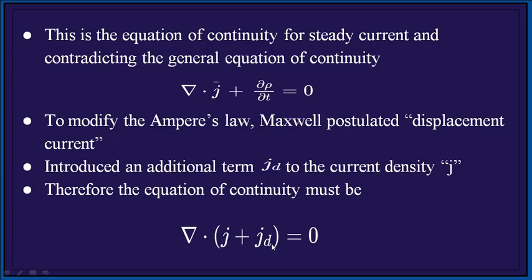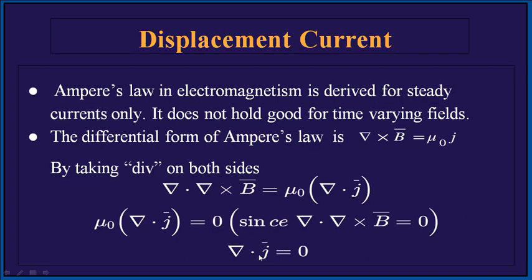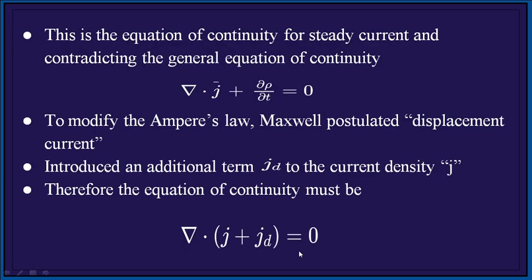So to correct Ampere's law, Maxwell thought to add some term like J suffix D, and this J suffix D is called the displacement current term. I will explain it. Therefore, this equation, del dot J equal to 0, is now written as del dot (J plus JD) equal to 0, because we added JD to the J.